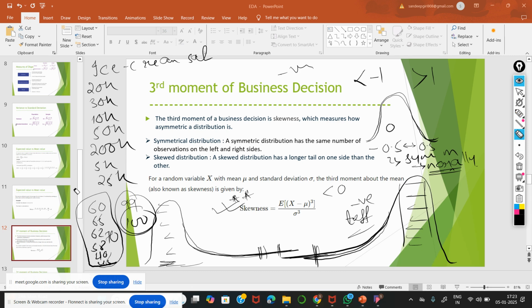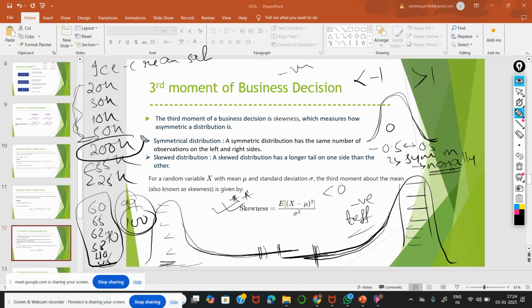Just for now, instead of 5K, let me give 55K. Now tell me, guys, 20K, 30K, 10K, even this 50, even this 55, 25, all these are very close to each other.